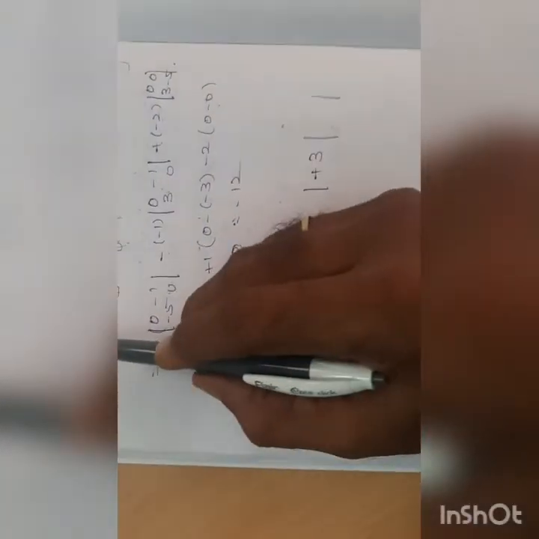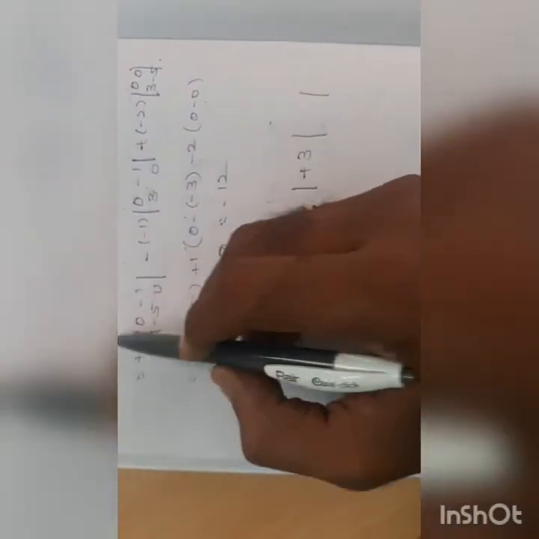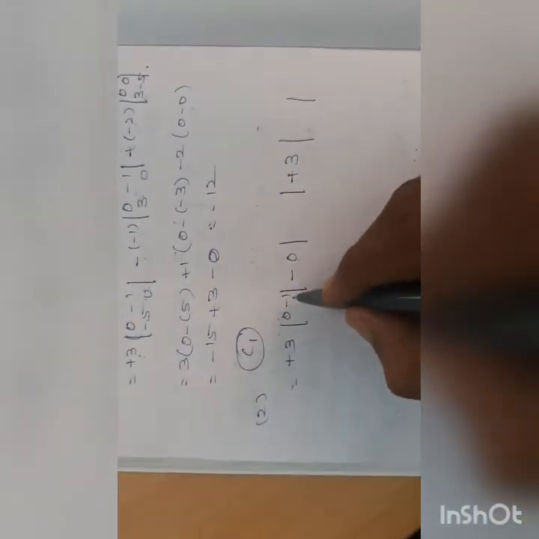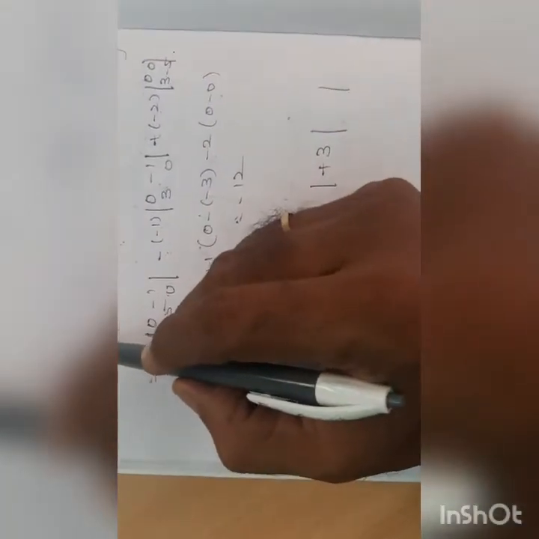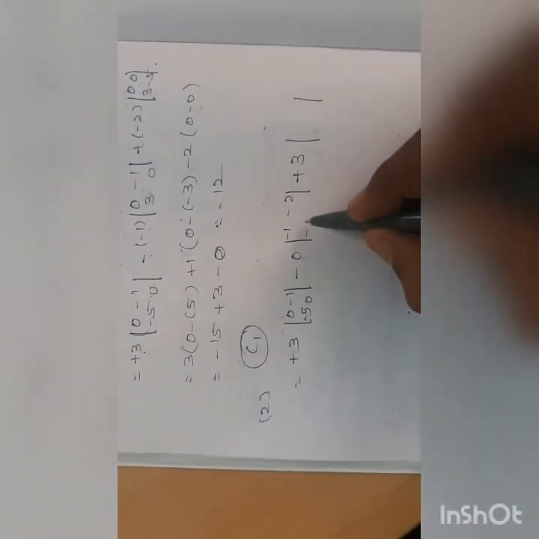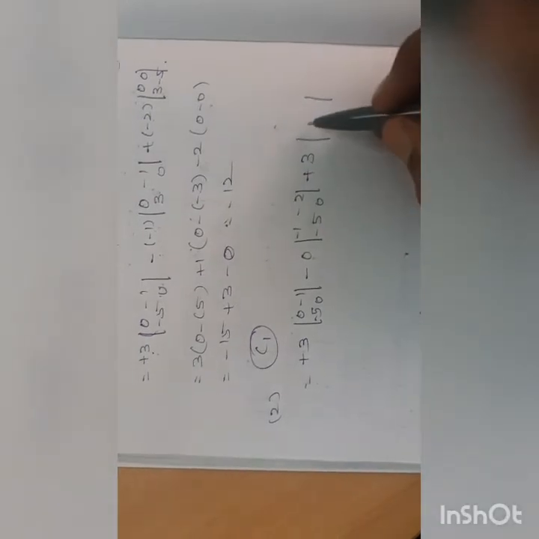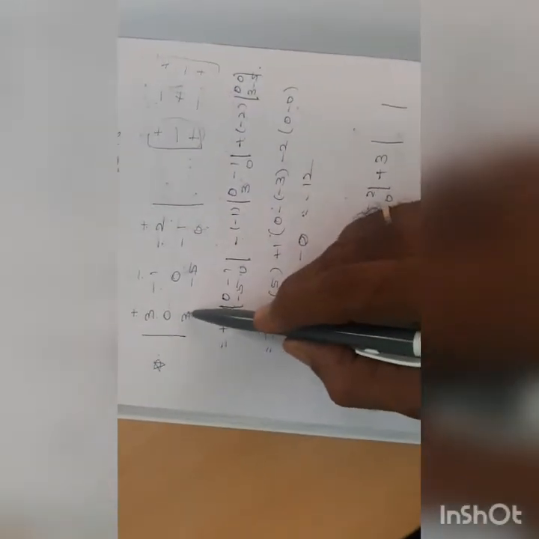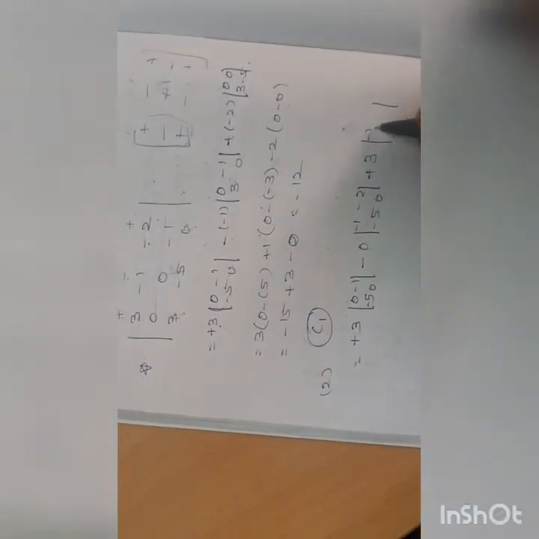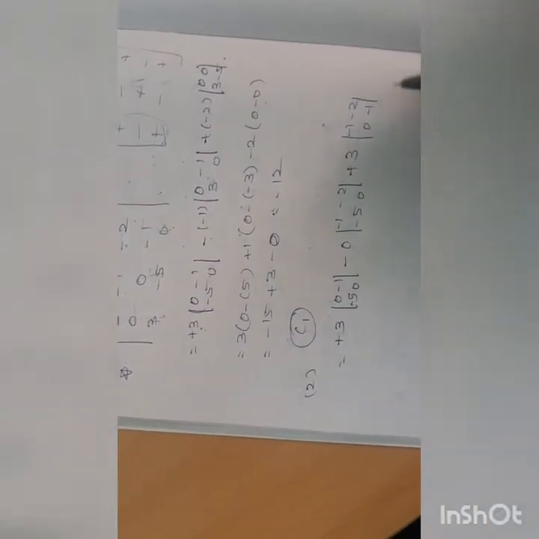Now find the minor of 3. The minor of 3 is 0 minus 1 minus 5 0. What is the minor of this 0? Deleting the row and column, we are getting minus 1 minus 2 minus 5 0. How to find the minor of the other 3? Deleting the row and column, we are getting minus 1 minus 2 0 minus 1.